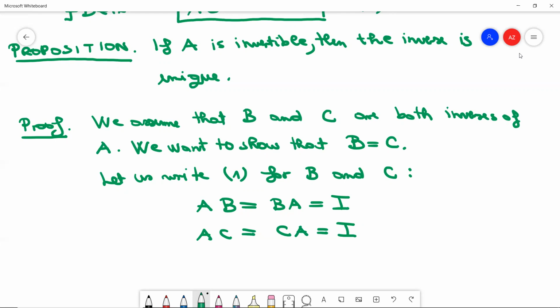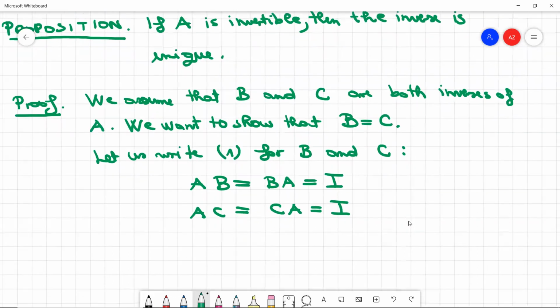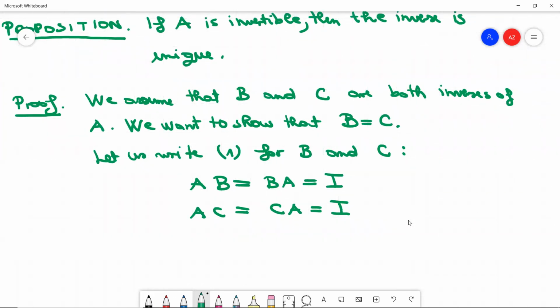Yeah. So what Matej does is he multiplies both of those lines by B. And let's do the same. We have AB is equal to AC is equal to identity. I've used this, and we know that both of these are identity.